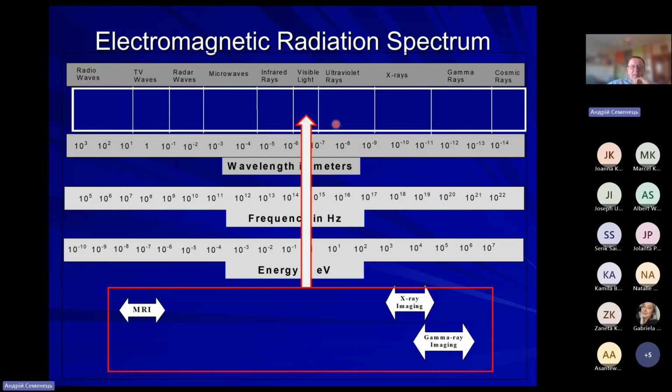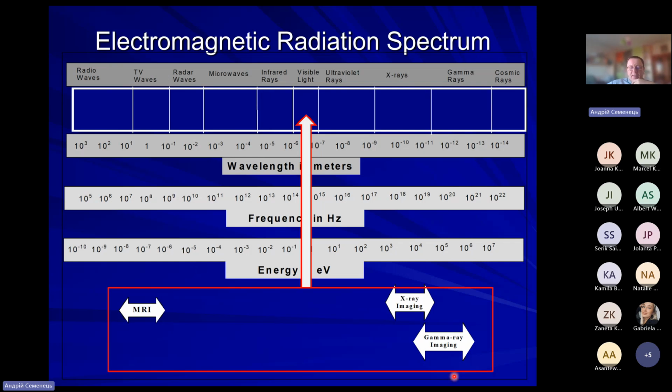So we are limited here. And if we want to see more, we need to use different wavelengths, frequencies, different energy levels for illumination of the human body in order to retrieve some internal structure.